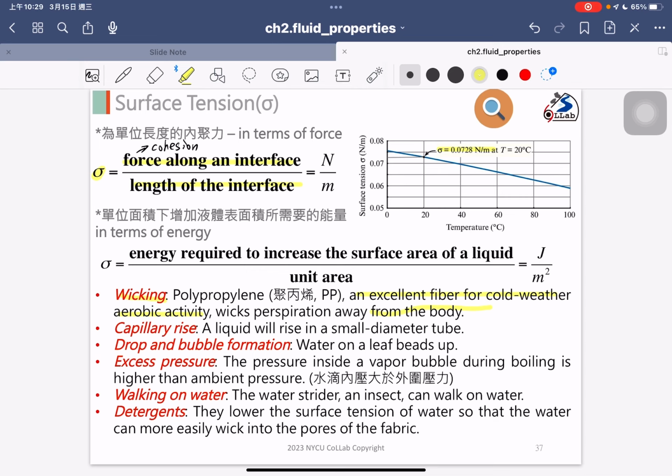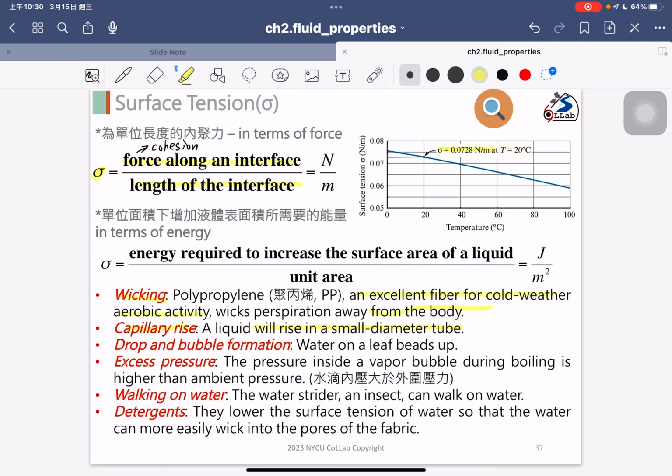And then capillary rise. Sometimes in junior high school, we do some laboratory experiments and try to see this phenomenon. We call that capillary rise. A liquid will rise in a small diameter tube.